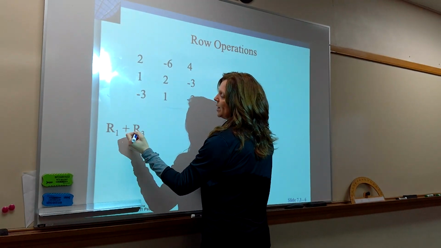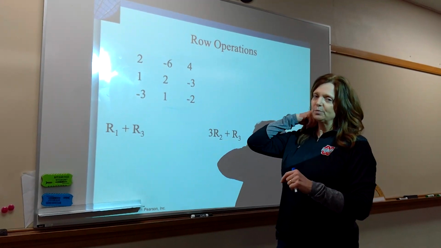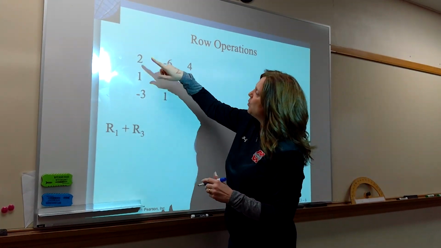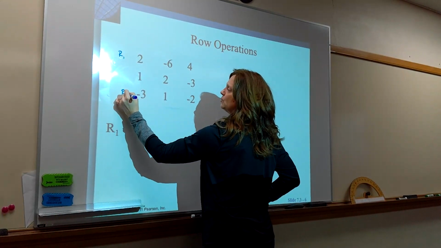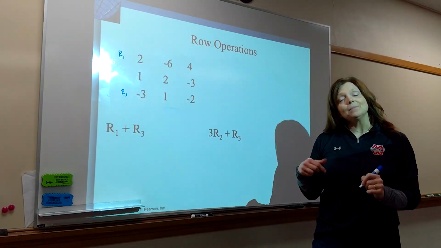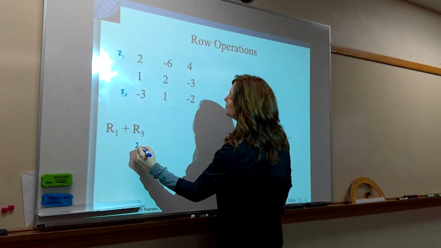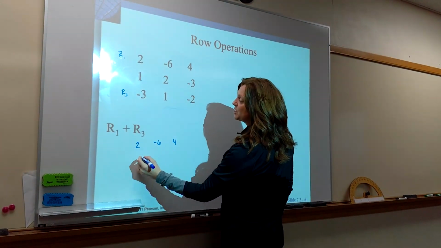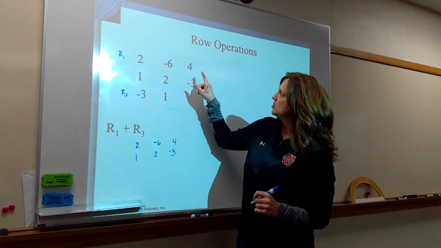So you can do a row 1 plus a row 3. So these are row operations, and we're going to ask you to do a couple row operations. So what's a row 1 plus a row 3? Okay, so here's row 1, here's row 3. So what happens is I can take this row and I can add it to that row. Everything stays the same except for where you're adding it to. So notice that doesn't change, that doesn't change.